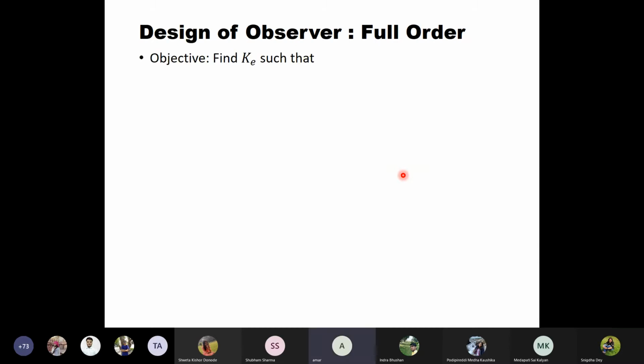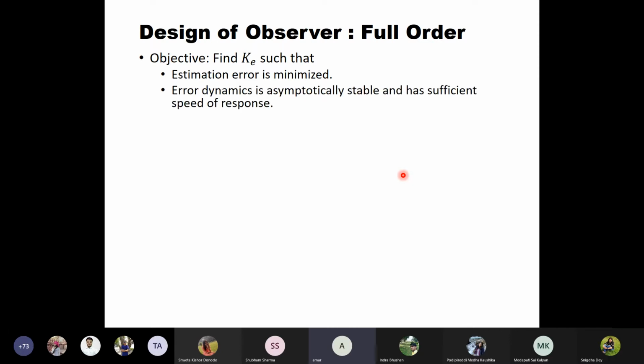So let us do the design of the full order observer. Here the objective is to find Ke such that the estimation error is minimized, which means e will go towards 0 as t tends to infinity. So the error dynamics will be asymptotically stable and have sufficient speed of response.